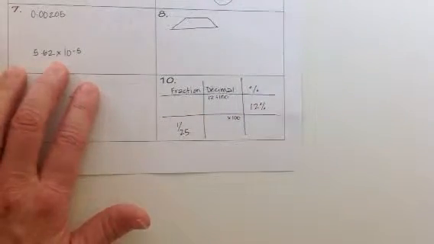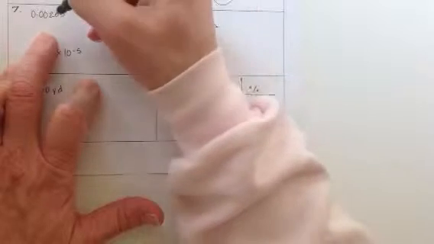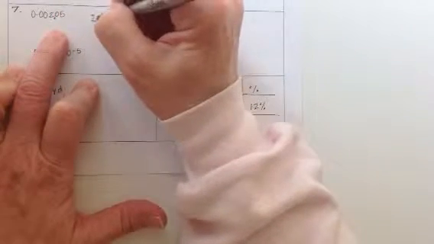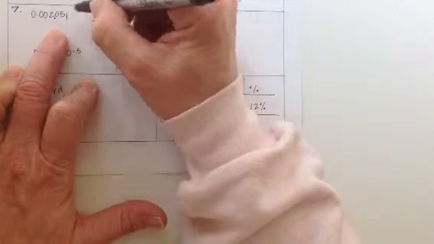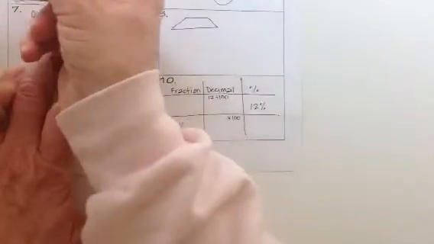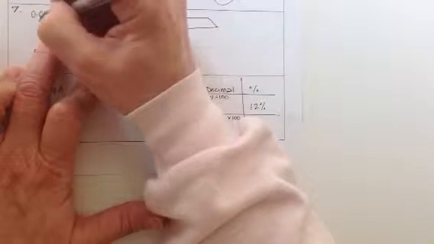Number 7, we're just going to write this in scientific notation. I'm going to have to go to the first whole number. My decimal is going to go there. So I'm going to have 2.05. Don't forget to write those all the way to the end. 2.05 times 10. I'm going this way, so it's going to be a negative number. How many places? 1, 2, 3.